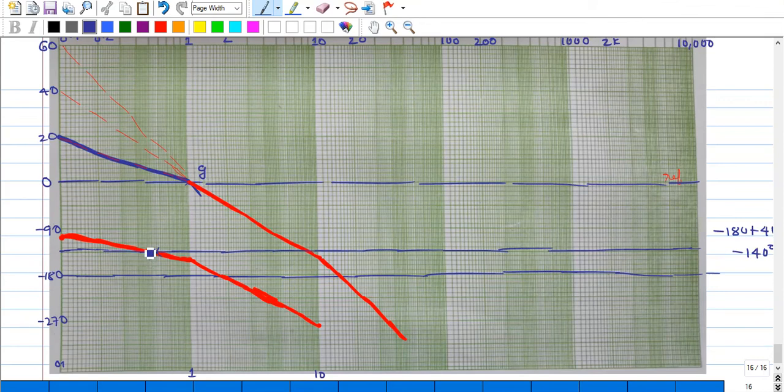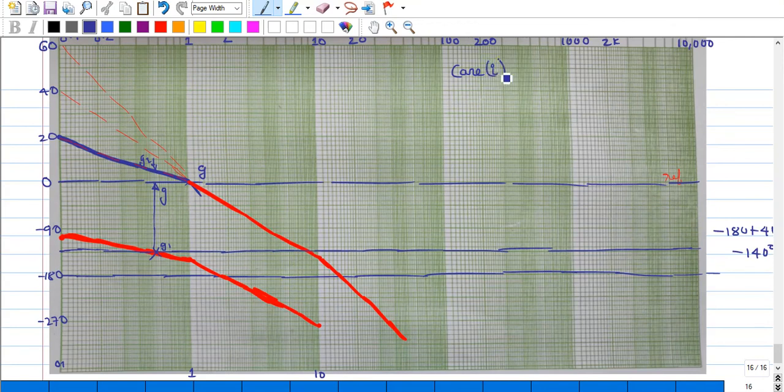So let me draw a construction line. So this particular distance will be G2, and this is G1. So let me write case 1.